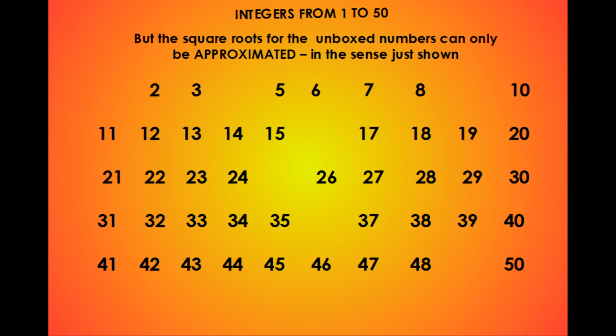Now, if we remove those integers that can be put in a list, we see that those whose square roots can only be approximated are the vast majority in the integer list from 1 to 50.